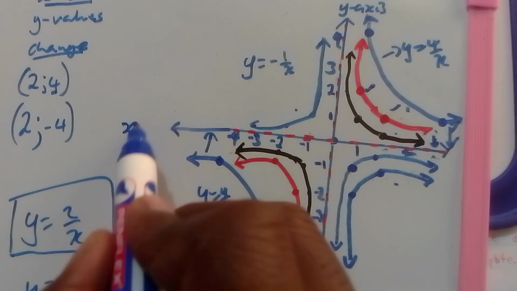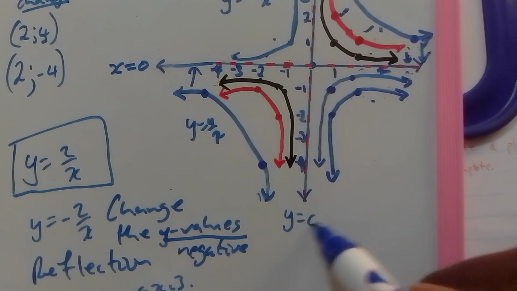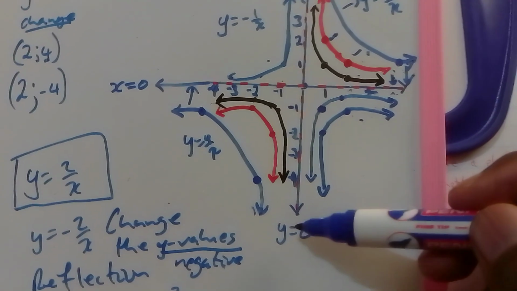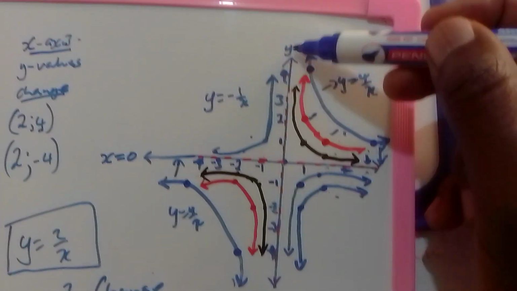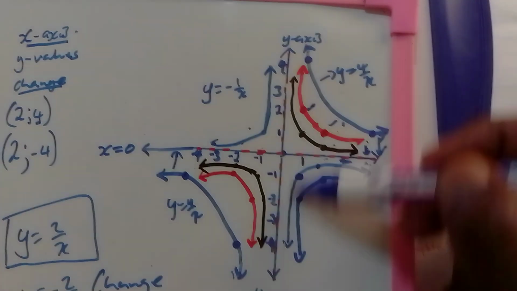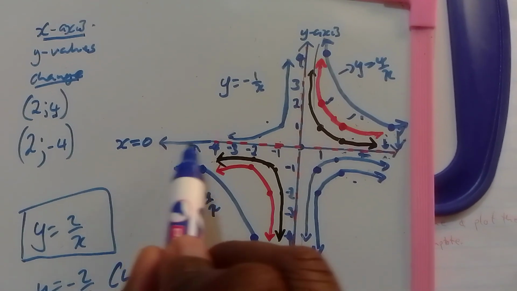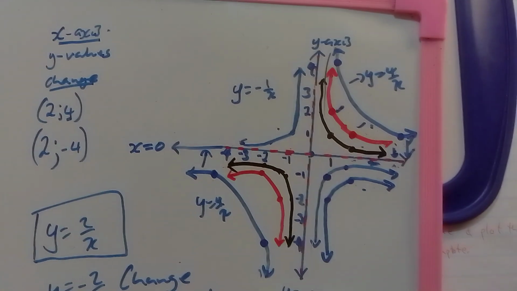So here you write that x is equals to 0, and here at the bottom you write y is equals to 0. When you did that, you are telling the examiner that I've got this asymptote which is a vertical line, and I've got this asymptote which is a horizontal line.